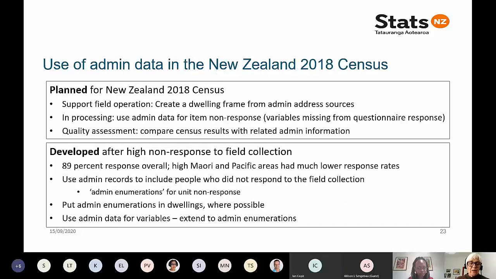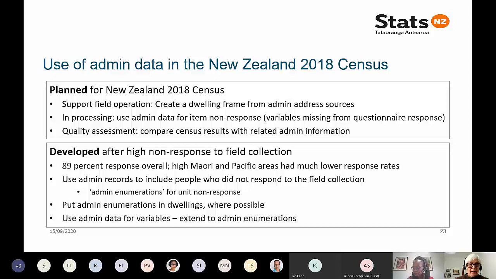So we planned some of this use of administrative data in the 2018 census in New Zealand. We developed a dwelling frame to support the field operation. The dwelling frame was created from administrative address sources, and we used that for about 80% of the country to mail out census forms so that people could respond online.